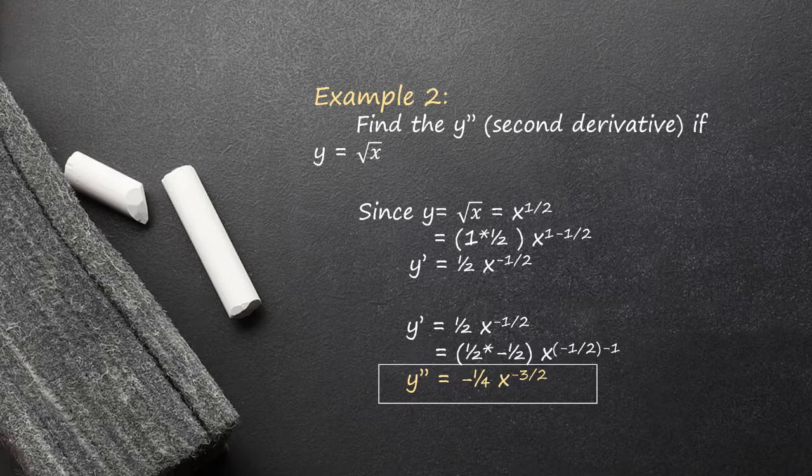And to find the second derivative, 1 half x raised to negative 1 half, 1 half times negative 1 half x raised to negative 1 half minus 1, we can get negative 1/4 x raised to negative 3 halves. And our answer now is negative 1/4 x raised to negative 3 halves, since we are only finding the second derivative of the function.